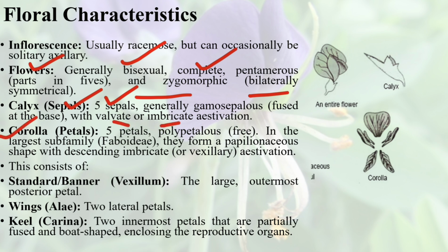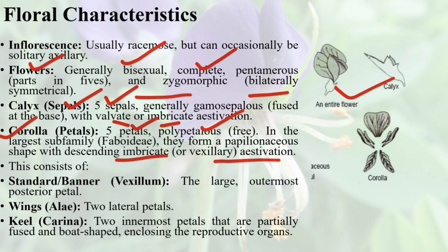Then corolla, 5 petals are there which show polypetalous condition, that means all the petals are free from each other. In the largest subfamily of Fabaceae, they form a papilionaceous shape, with descending imbricate or vexillary aestivation.